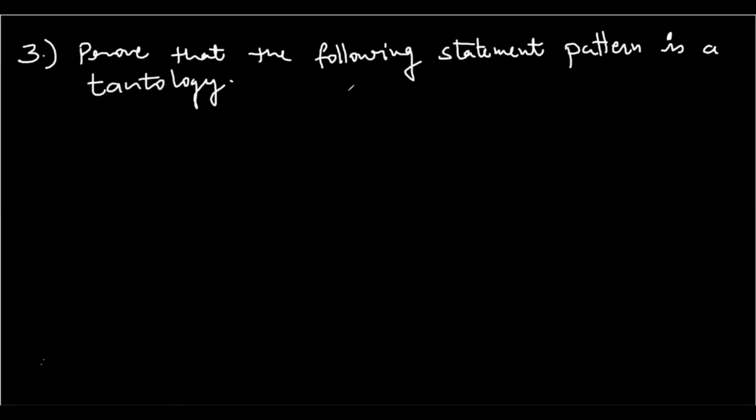So what is the given statement pattern here? It is negation P or negation Q in a bracket, double implication, negation P and Q. Okay, so let's make the truth table.